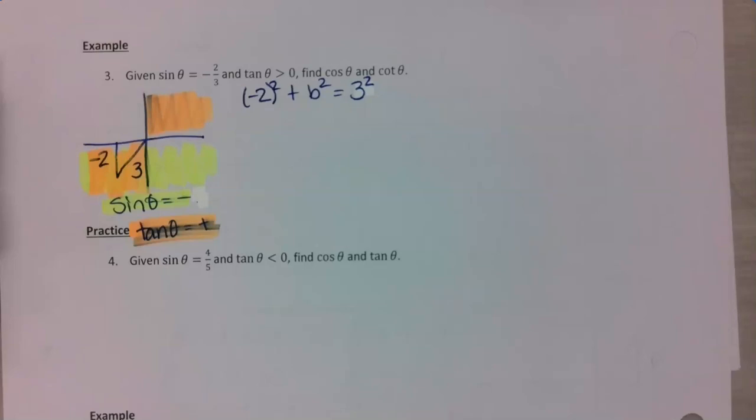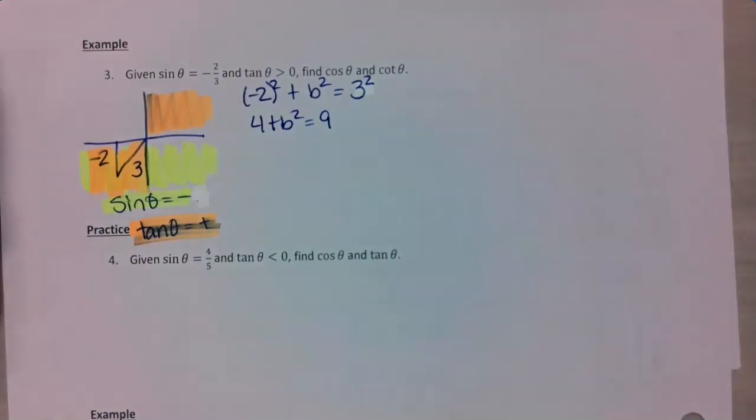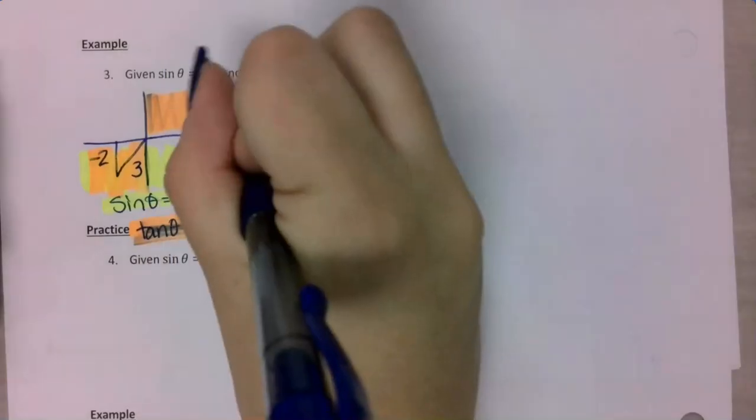Okay, so what is negative 2 squared? 4. And 3 squared? So then I want to go ahead and subtract 4 from both sides.